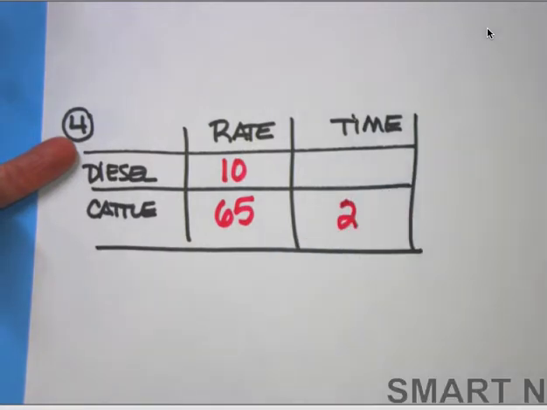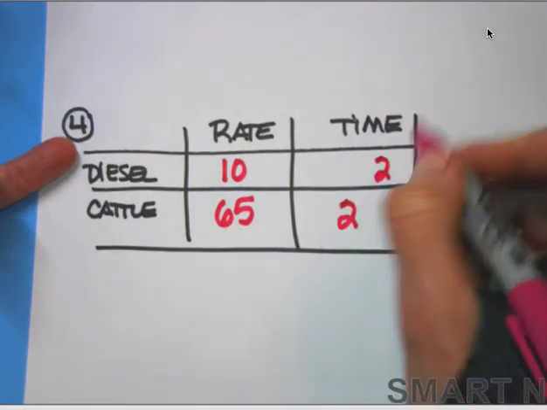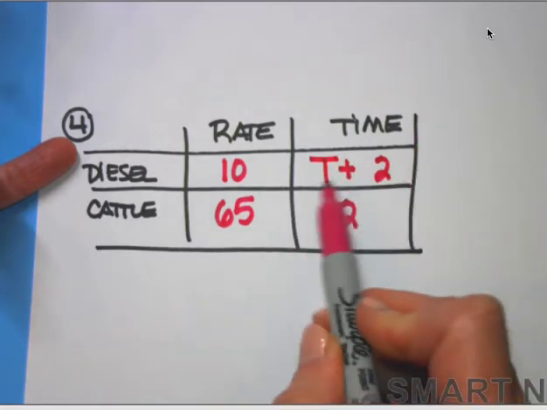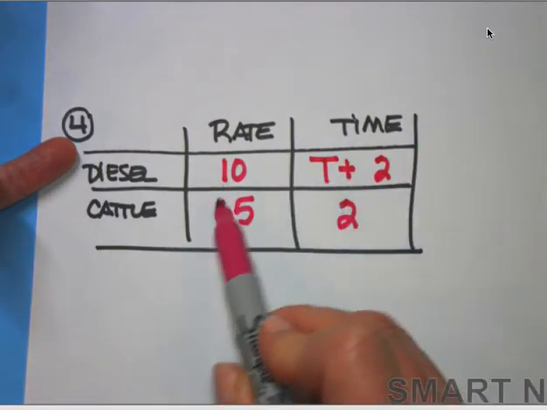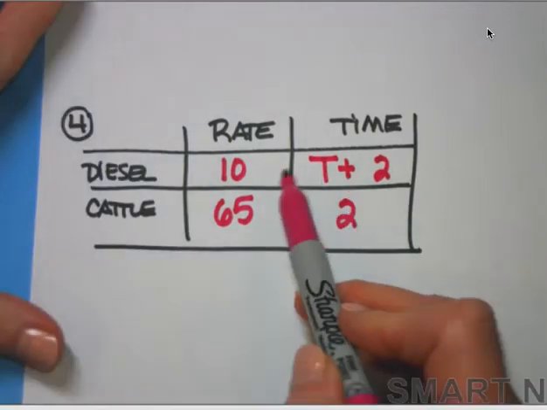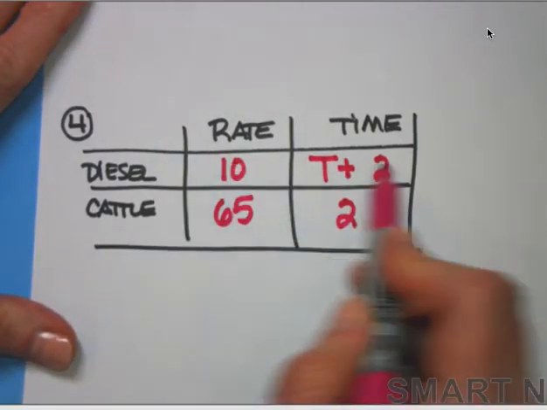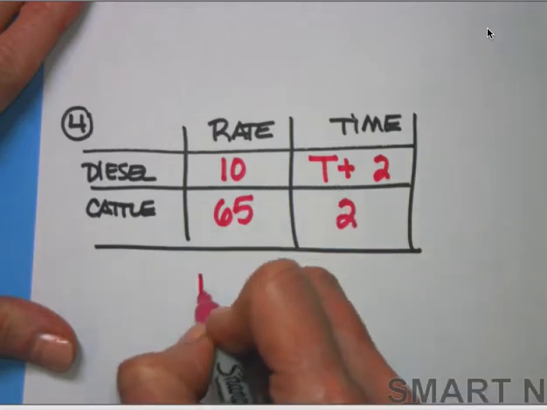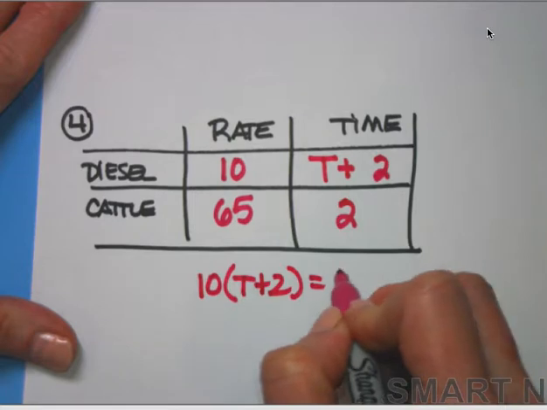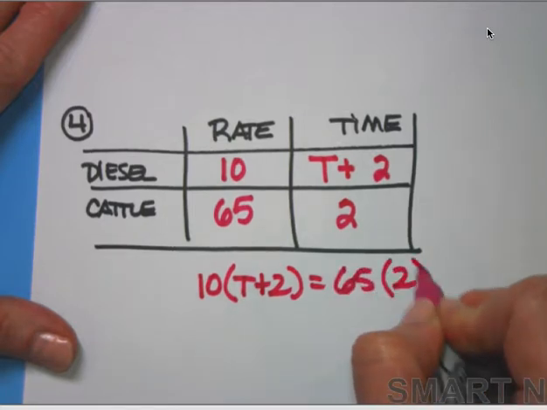The diesel train is traveling for the same 2 hours, but it has also been traveling for an unknown amount of time prior to the departure of the cattle train. So I'm going to take the two expressions, multiply them out, and set them equal to each other: the rate times time of the diesel train equaling the rate times time of the cattle train.